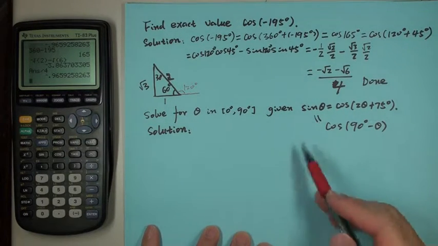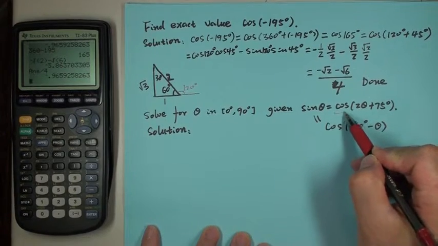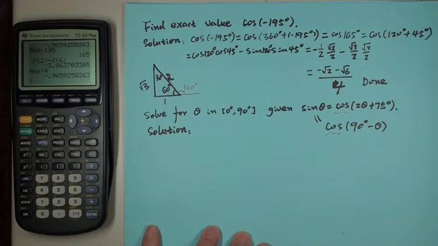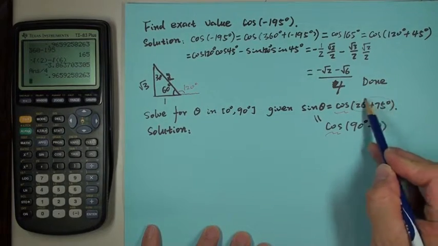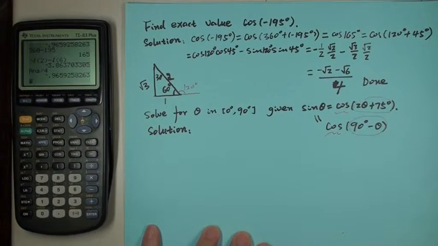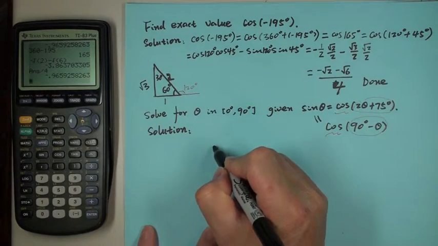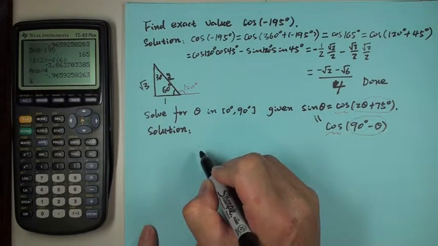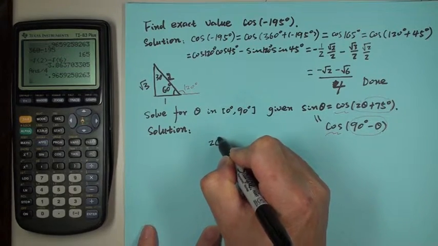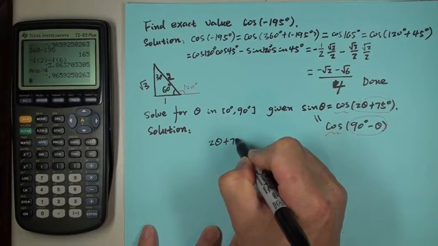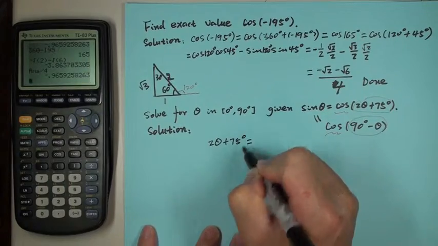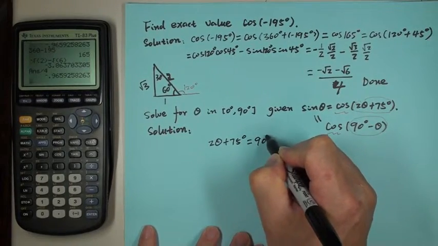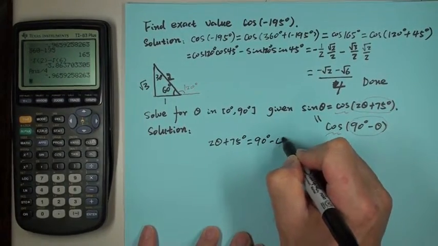That's what you want to start with. And then here is cosine, here is cosine, so those two have to be equal. Then you have 2 theta plus 75 degrees equals 90 degrees minus theta.